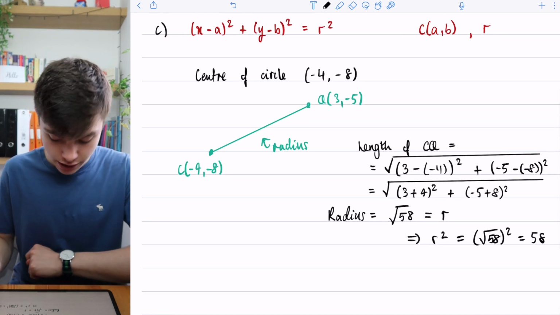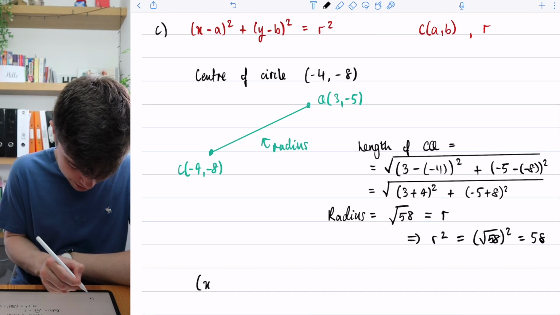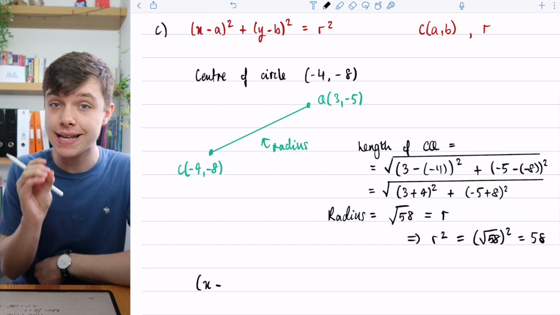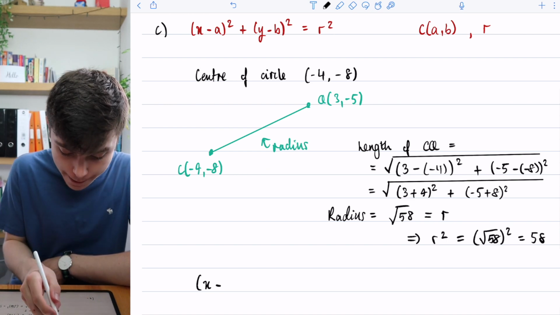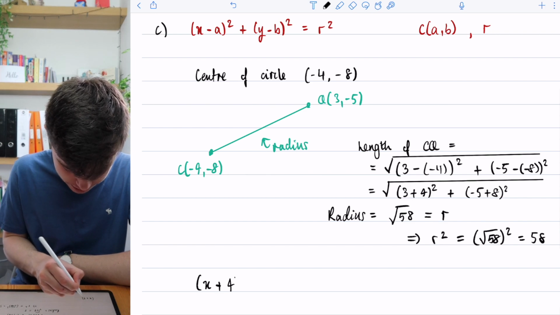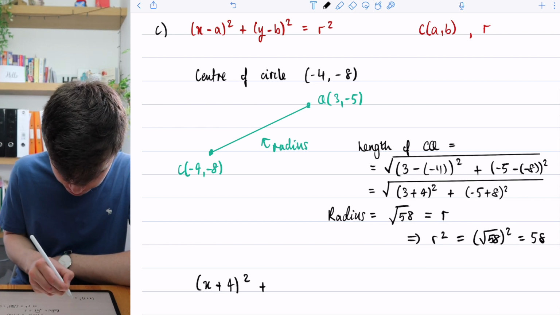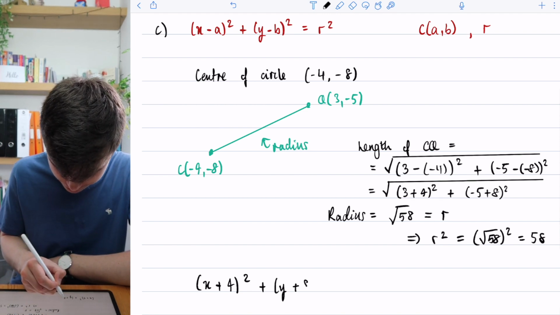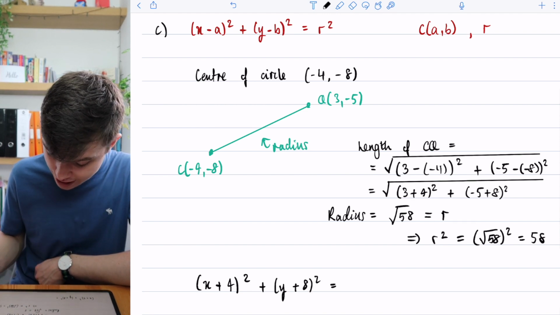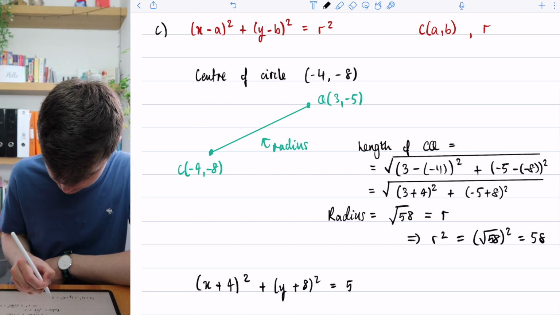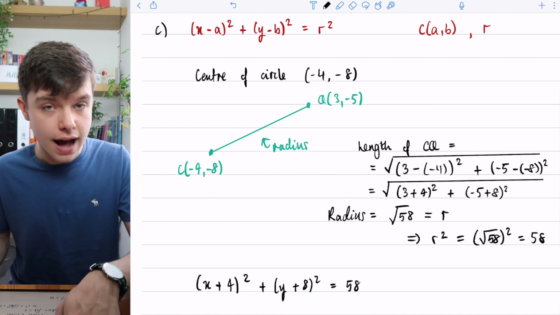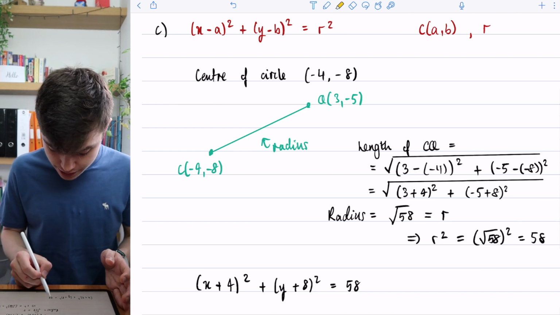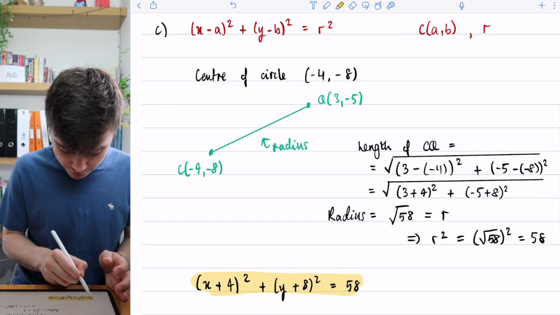Nearly said straight line then, of a circle. So we will have x minus a, which is the x coordinate of the centre, minus minus 4 will give me a positive 4. We'll square that. We will have y minus minus 8 will give me positive 8, square that, and r squared will be 58. Okay, and that is your final answer. That is the equation of the circle.